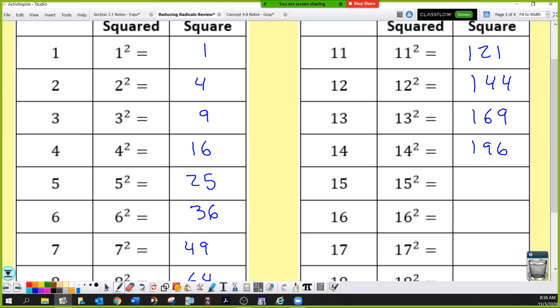And then 15 squared, 225. So the first 10 perfect squares, imperative, absolute must. Next 5 perfect squares, 11 through 15, yeah, you really kind of need to know those. So must, 1 through 10. Need, 11 through 15. Want, 16 through 20.